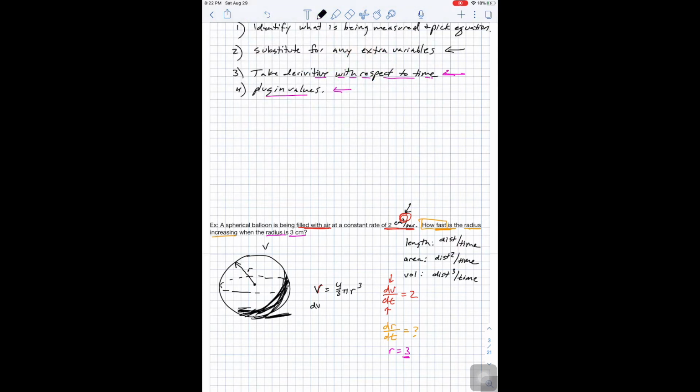The derivative of V is dV/dt. And the derivative of this, although it looks complicated, is just a simple power rule, because 4/3 and pi are just numbers. So this 3 is going to come down in front. This becomes 12/3 pi r, and the power decreases by 1, squared.